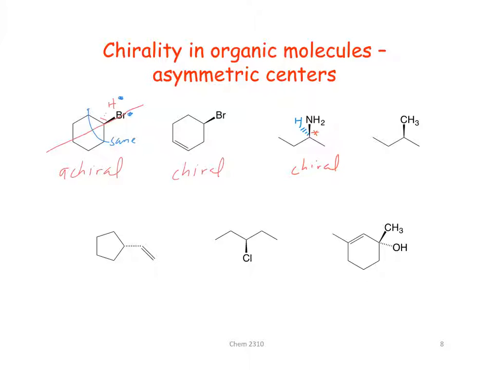All right, what about the last one in the top row? Sound chiral? No, this is achiral. All right, I'll trick you on this kind of thing, because look, even though this is drawn with a wedge, remember that this is a CH3 as well, and so there's no asymmetric center, all right, because that carbon there has 2 of the same groups.